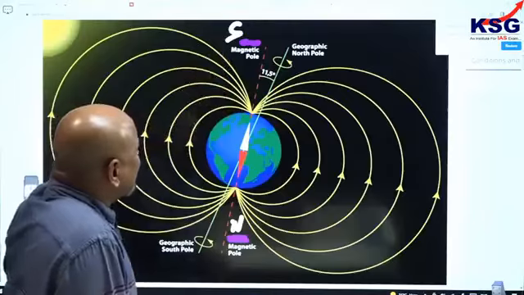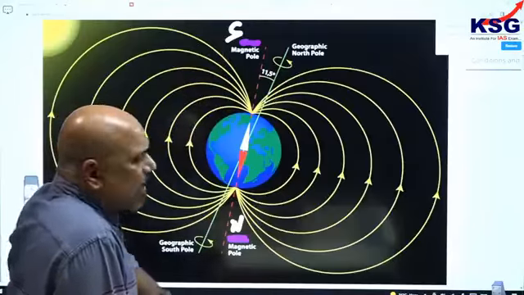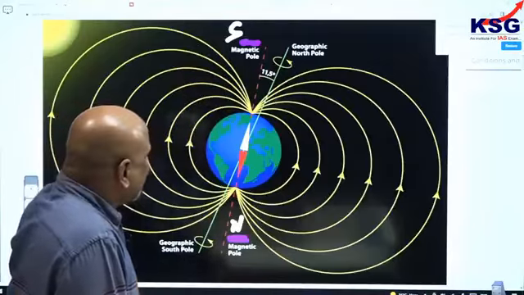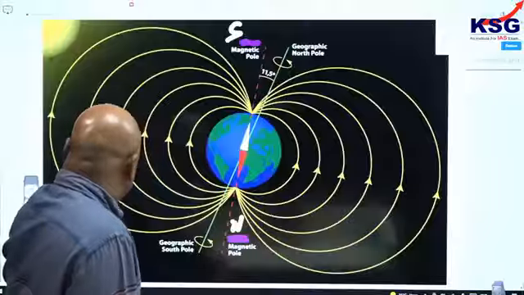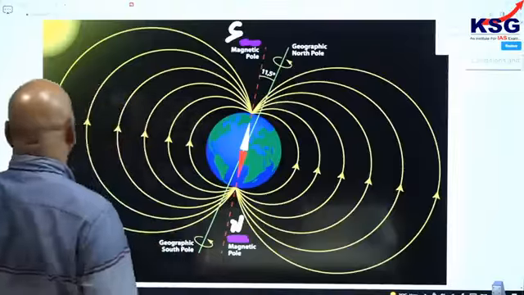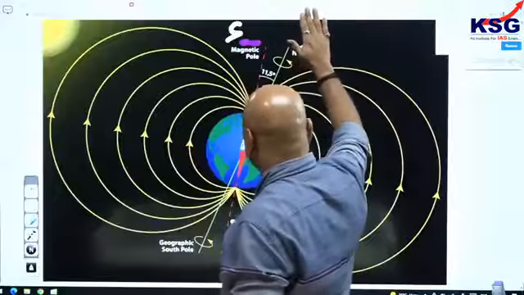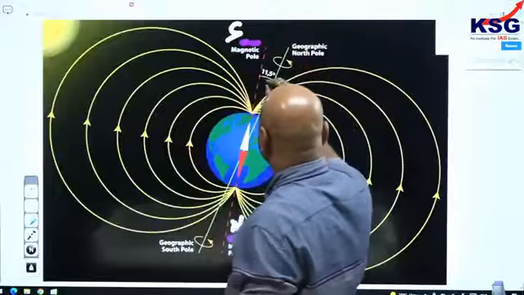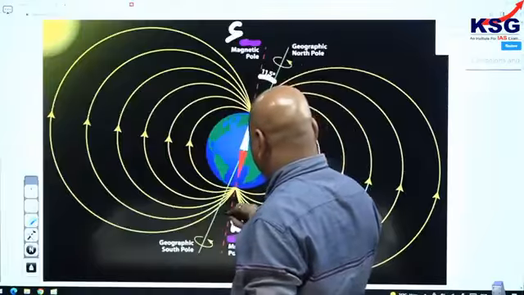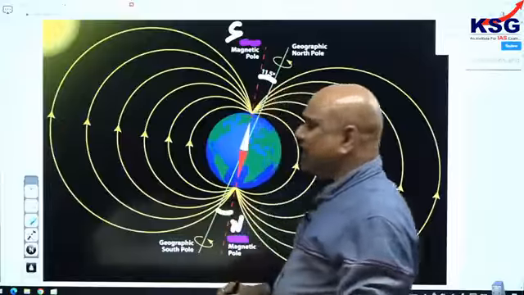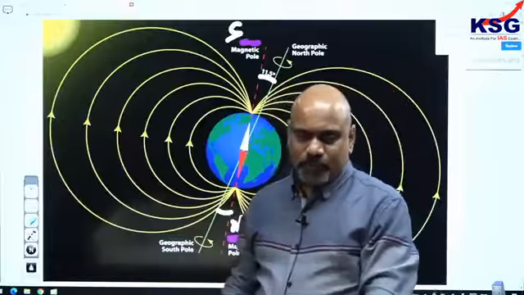In the case of a bar magnet, this is there. These two parts, while this particular distance here is 11.5 degree, 11 and a half degree.